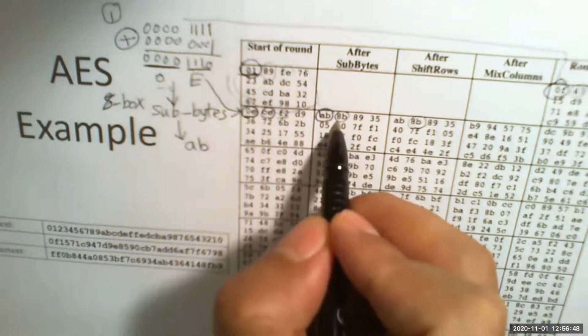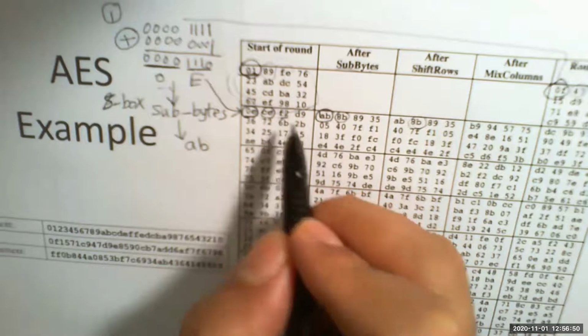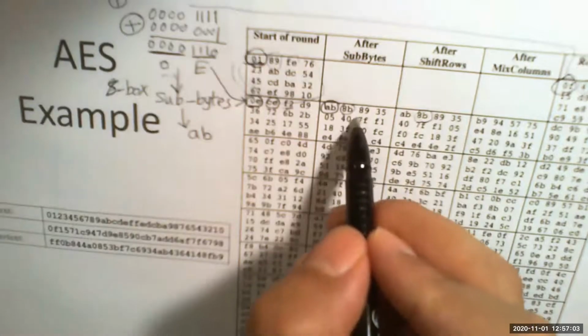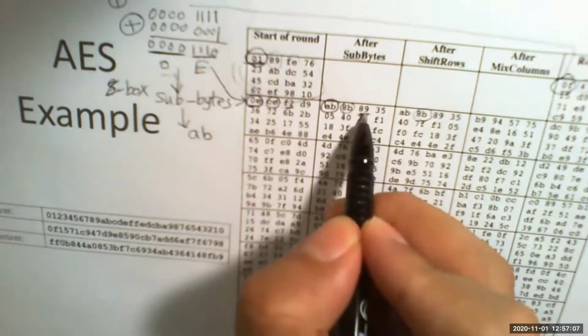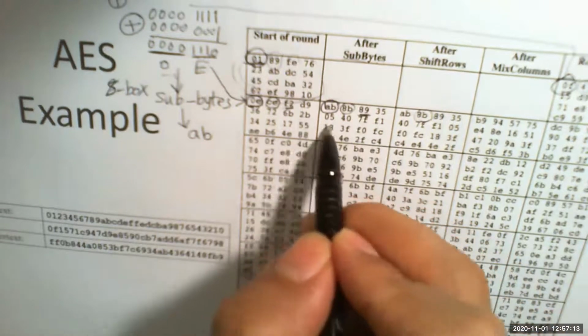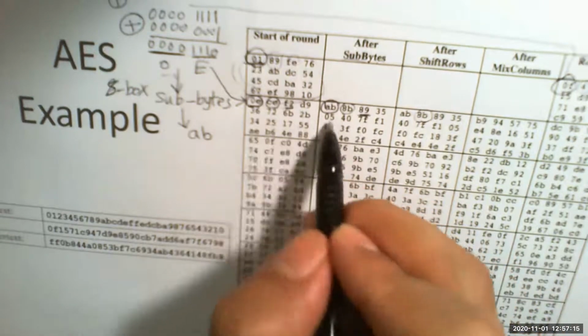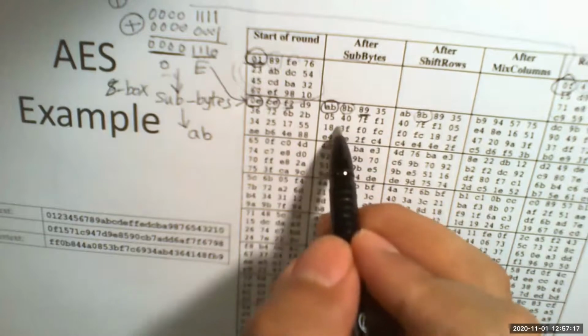And for F2, I can repeat it again if you don't understand. F2 is replaced with 89, so I put 89 here. And so on. You can continue this operation to finish all of this. No problem, now you understand the operation.